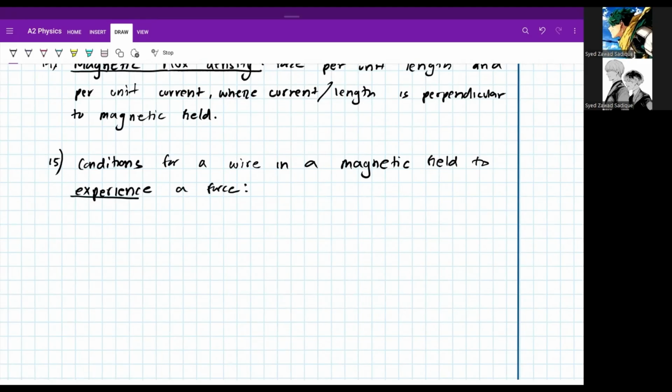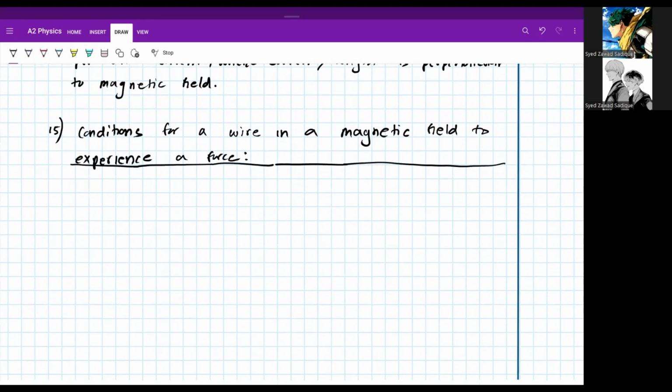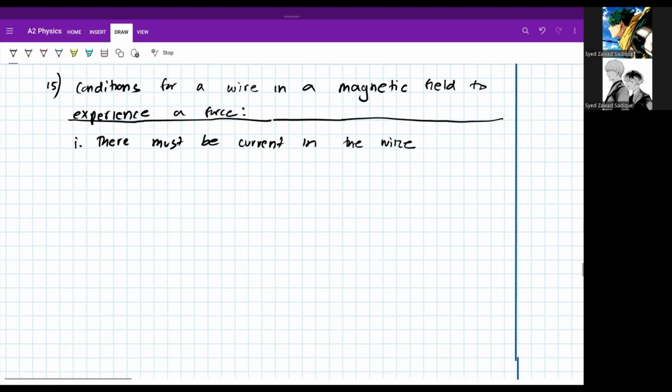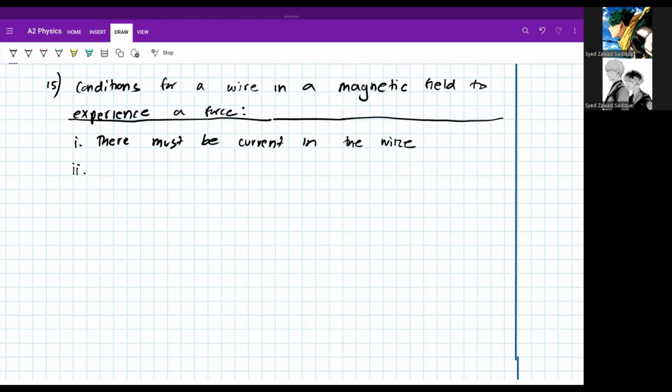So what are the conditions? Again, this is also a repeated question, which we must write in bullet points. That is, there must be current in the wire. And number two is, wire must be at a non-zero angle.